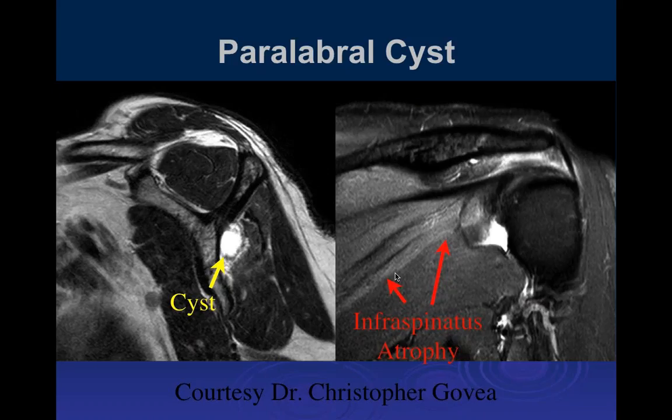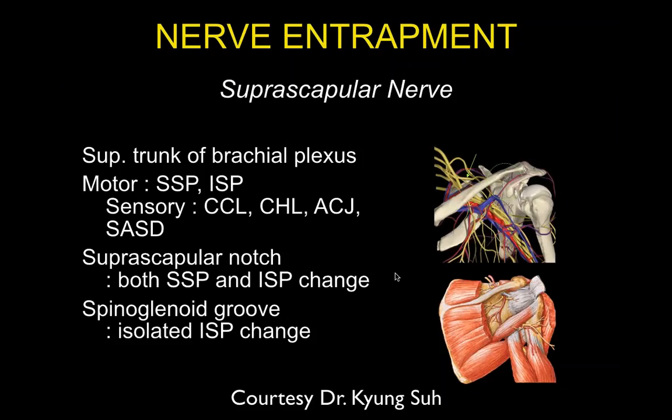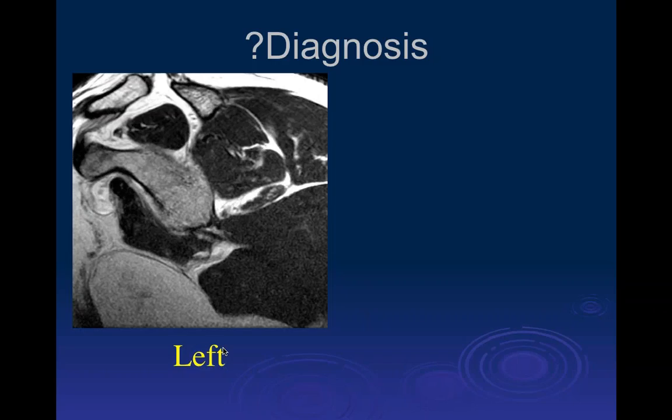So this is a case where the pathology read the book. It's the proper location. That's entrapment of the suprascapular nerve. If you have a lesion at the suprascapular notch, you're catching the nerve earlier, higher up, and you get both supra- and infraspinatus involvement. When you get down to the spinoglenoid notch, that's lower down, and you tend to get more isolated infraspinatus atrophy like we saw in that particular case.